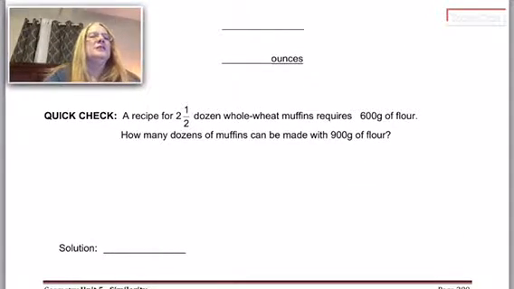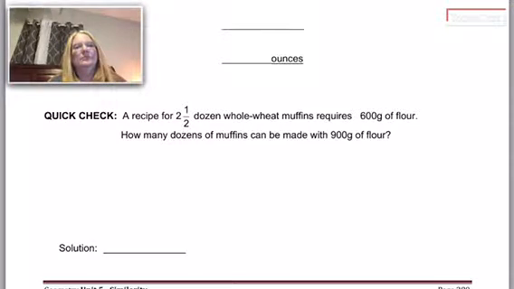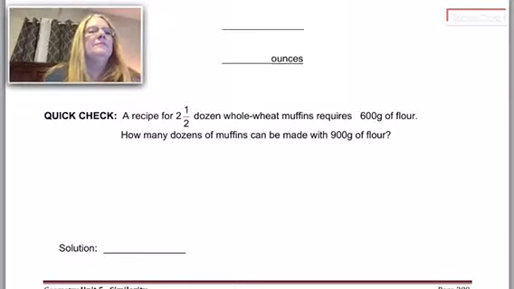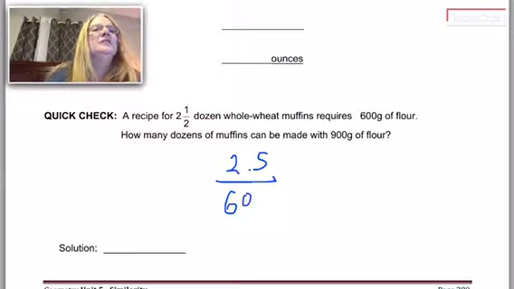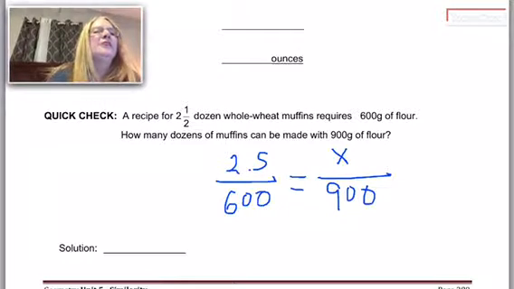And please pause it and try and set the proportion up yourself first. Okay. So hopefully you did that, and it's 2.5 dozen muffins require 600 grams of flour. How many dozen muffins can be made with 900 grams?